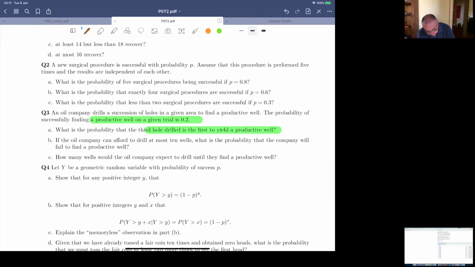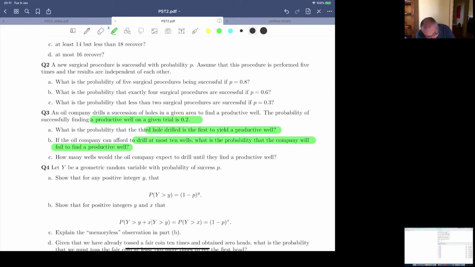What have we now got? If the oil company can afford to drill at most 10 wells, what's the probability that the company will fail to find a productive well? So this is still a geometric. What it's saying is that we're counting till the first success, and we don't know when that success happens, but it doesn't happen in the first 10.